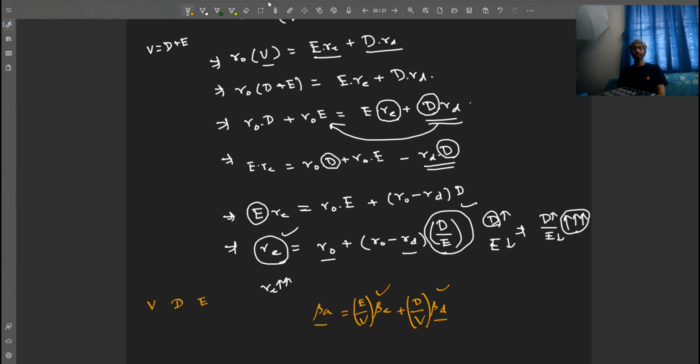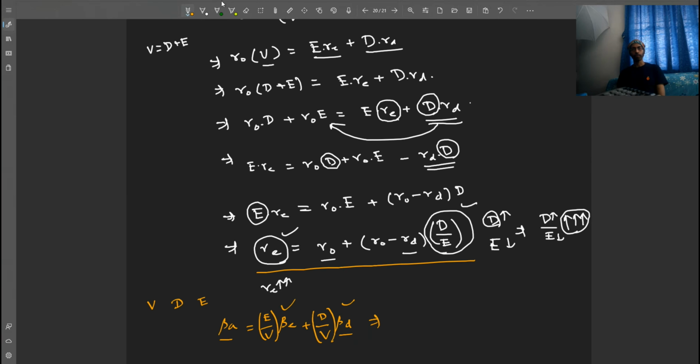If you rearrange this equation, it becomes very similar to the previous equation of cost of equity. Let's see. When rearranged, like previously I have done here, it becomes beta equity is equal to beta asset plus beta of asset minus beta of debt multiplied by debt divided by equity, right?